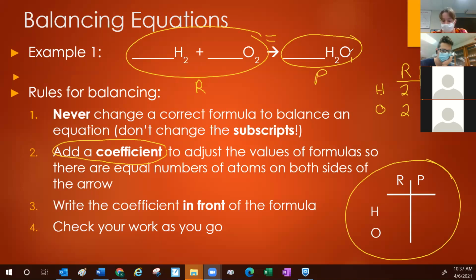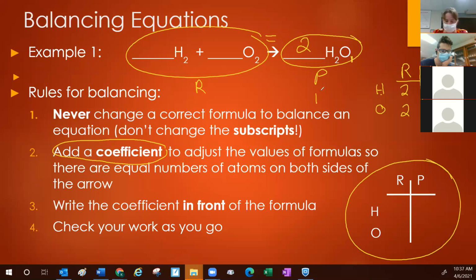The only thing you can do to change your numbers of atoms is add a number in front. And that number then gets multiplied by the subscript to tell you how many you have. So since we have 1 oxygen here and we need 2, we would put a 2 in front of that entire compound.